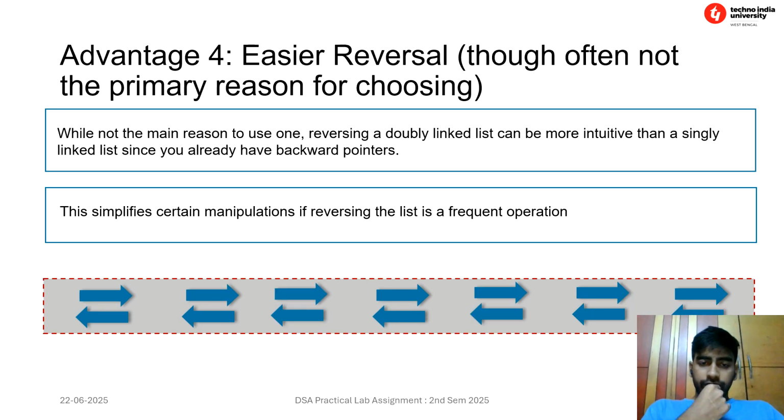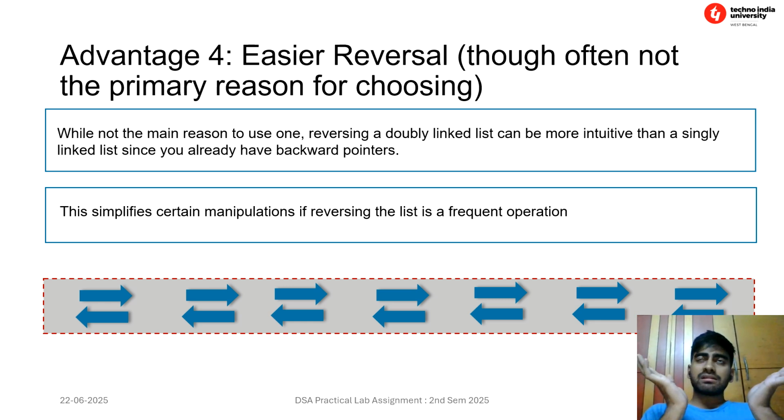Now we move on to the fourth and final advantage of a doubly linked list, which is easier reversal. Now this is not really the primary reason why we choose a doubly linked list over a singly linked list, but nevertheless it is an advantage in certain scenarios, where in certain manipulations we frequently need to reverse the order of some list.